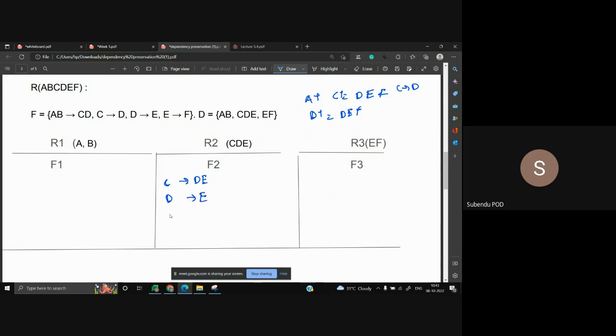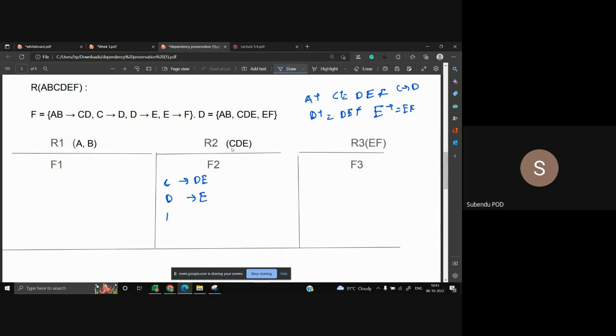Now we have to find the E closure. E, F. So if we find the E closure, what will we get? E and F, nothing more. So D closure is okay.